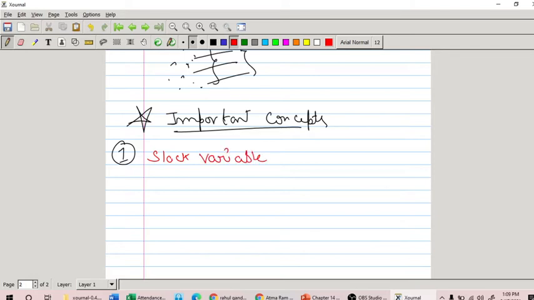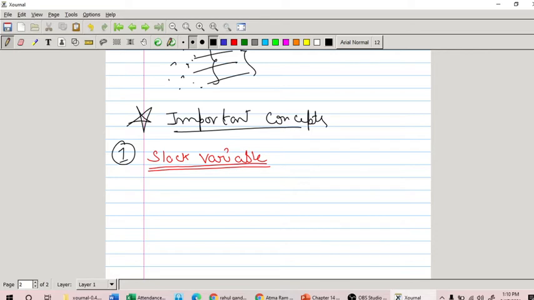All these concepts should be remembered and understood by you if you want to solve by the simplex method. What is this slack variable? It is an imaginary variable which is added to the left hand side of the less than or equal to constraint to make it an equation. So we are trying to convert the inequality into equality.